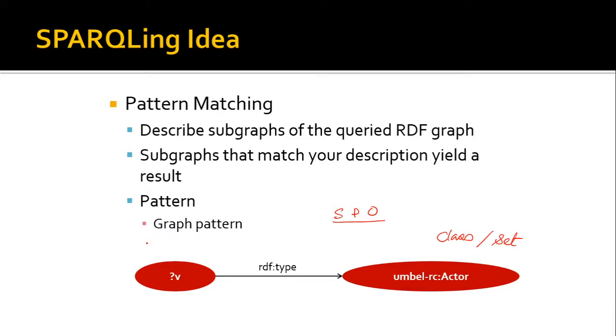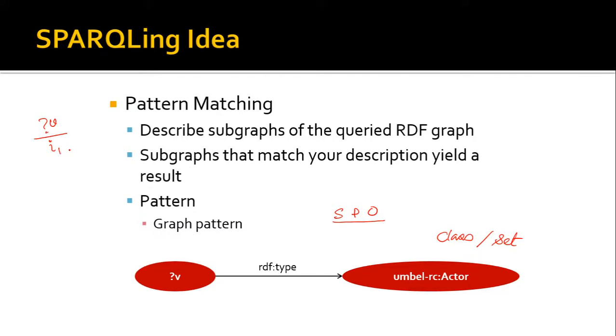And what would be the number of instances? The number of instances would be obtained by replacing this V. So what we will be doing? We are replacing this V with one instance and another, right?